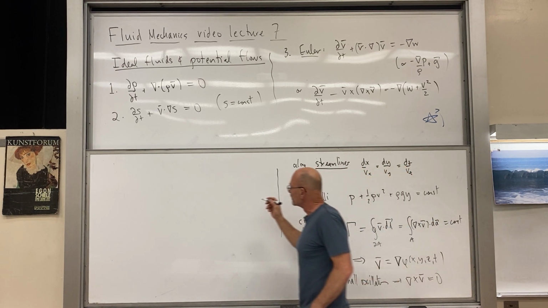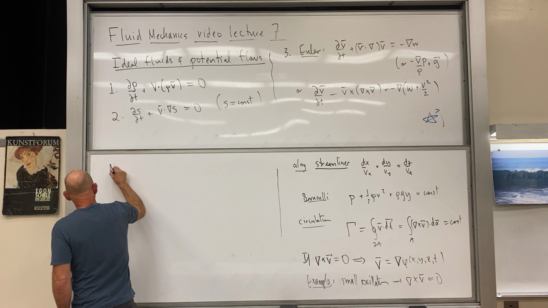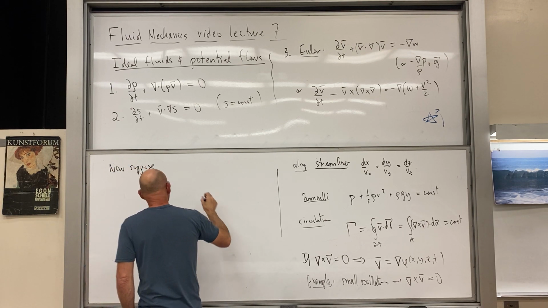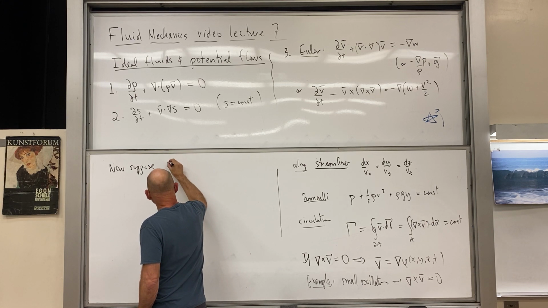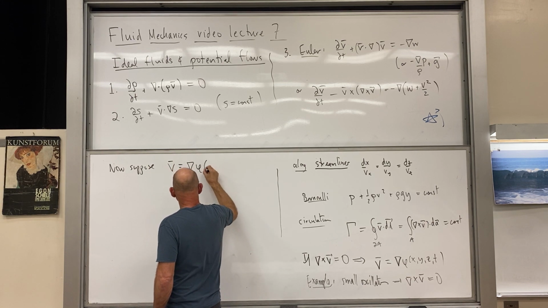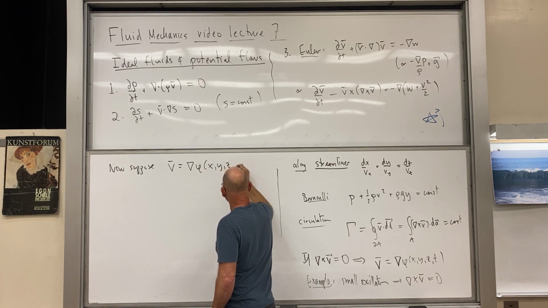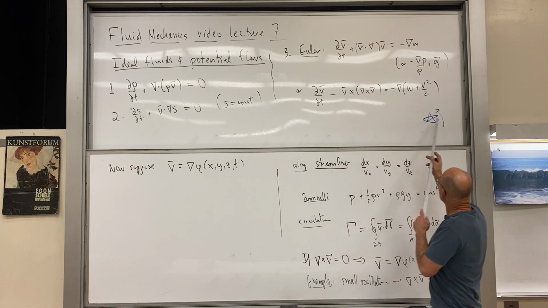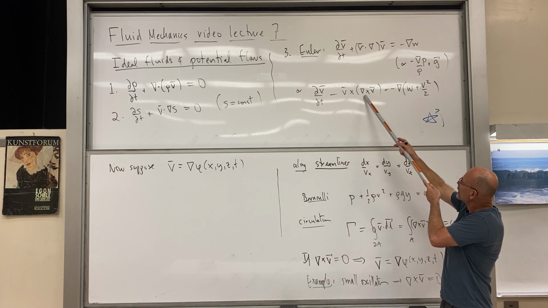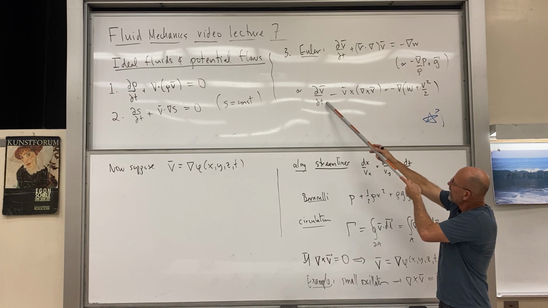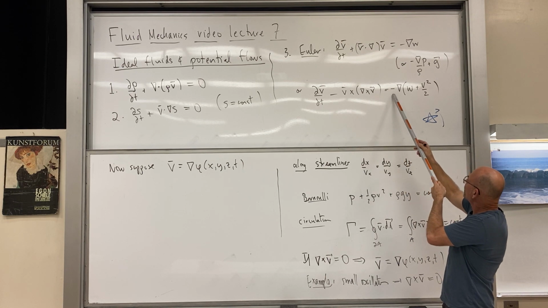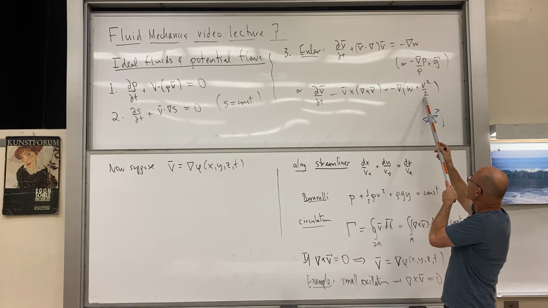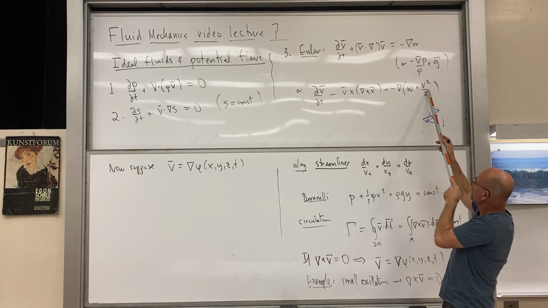So for potential flows now, suppose we have, for whatever reason, V equal to the gradient of phi of x, y, z, and t. Okay. Then we immediately have, up here in equation star, the curl of V vanishing, and we have dV dt equals minus gradient of W plus V squared over 2. Of course, we know we can go in with that as well if we need to.